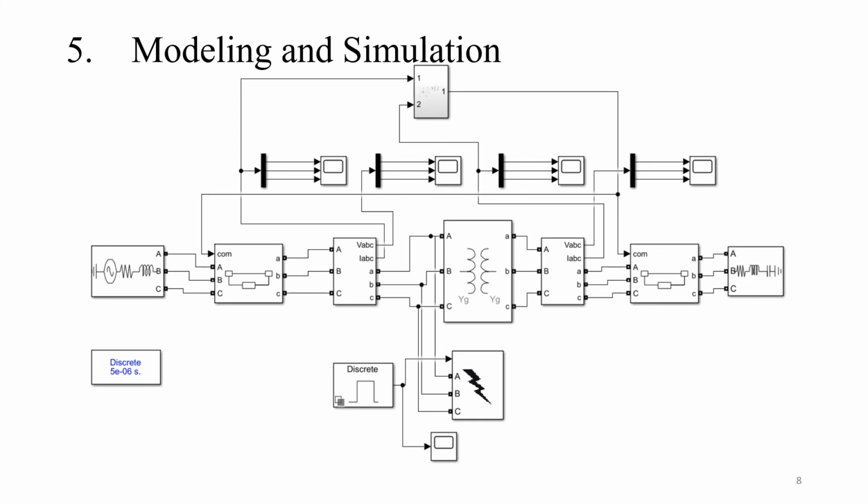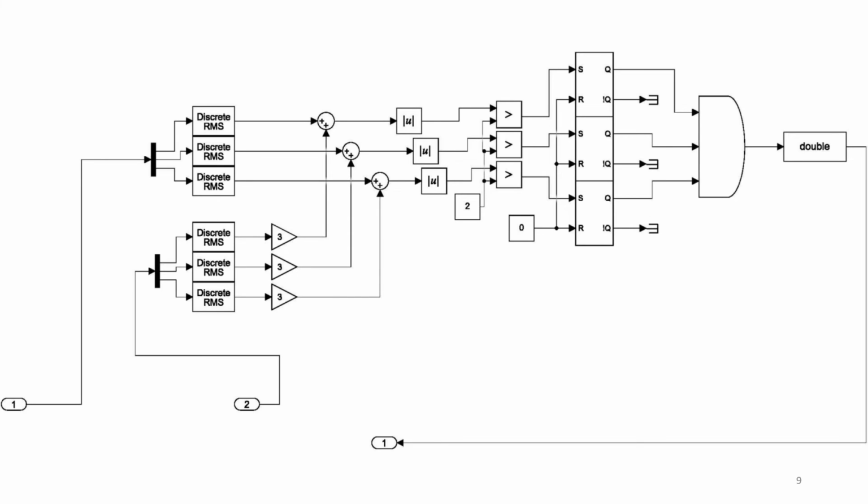Winding 2 parameters: phase to phase VRMS is 33 kV, R2 is 0.022, and the inductance is 0.08. And this is the subsystem of the differential power protection.